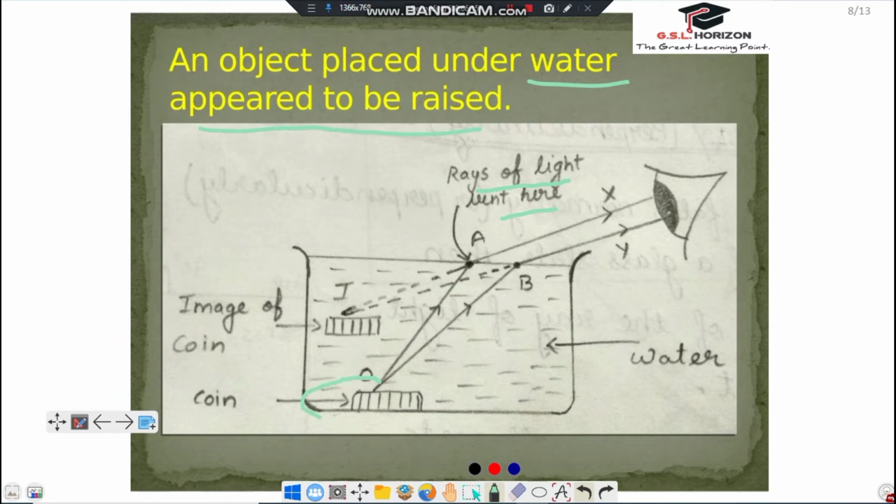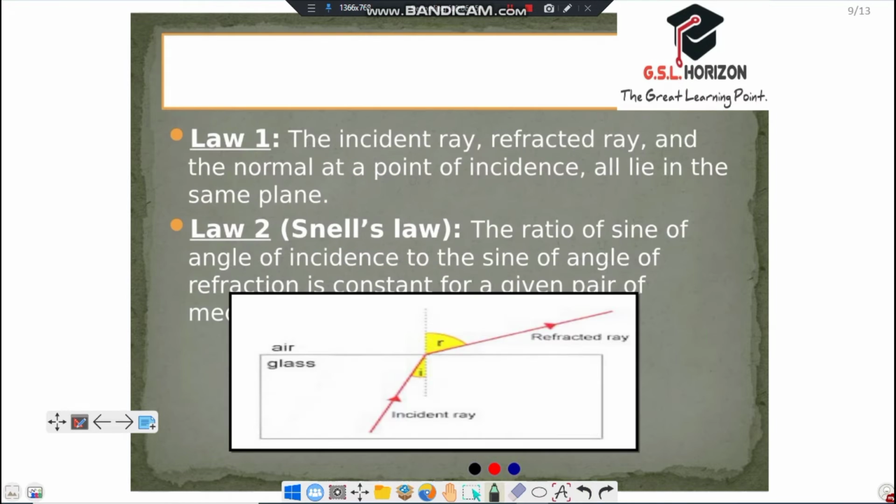This one is the coin, and this one is the image of the coin which we see. This one is the real depth of the coin, and this one is the apparent image of the coin. This one is air and this one is water. Now comes the next application.